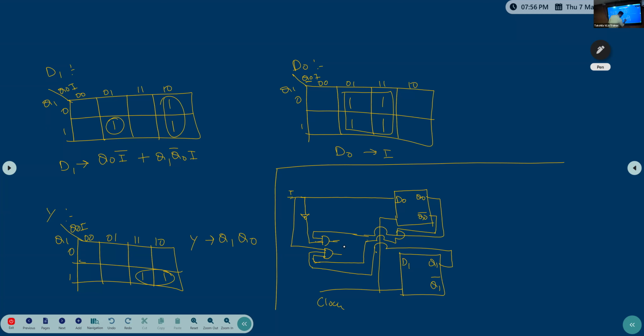These I need to give to one OR gate. This output I need to connect to D1.